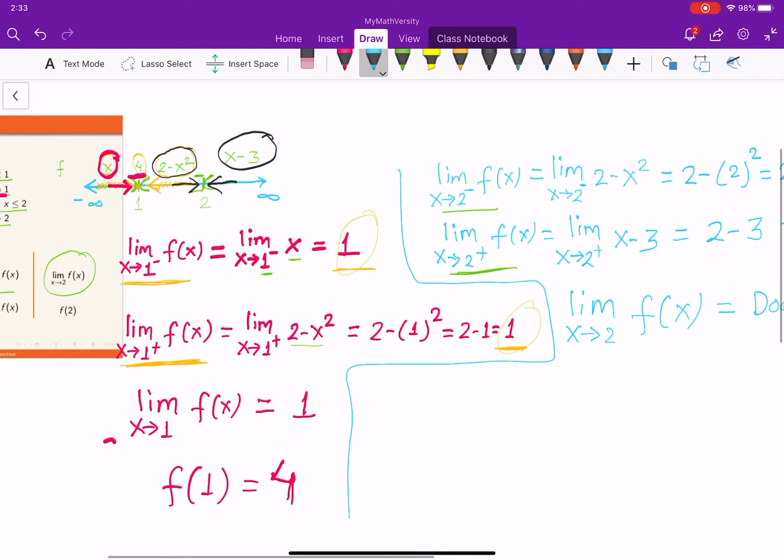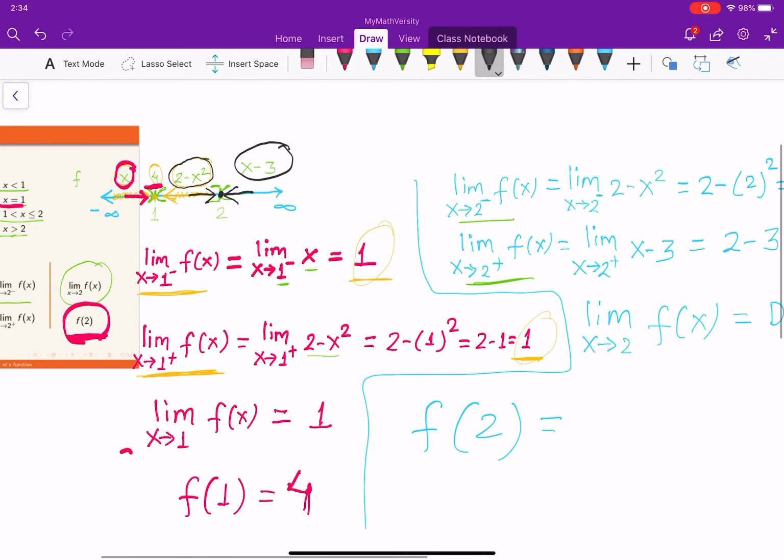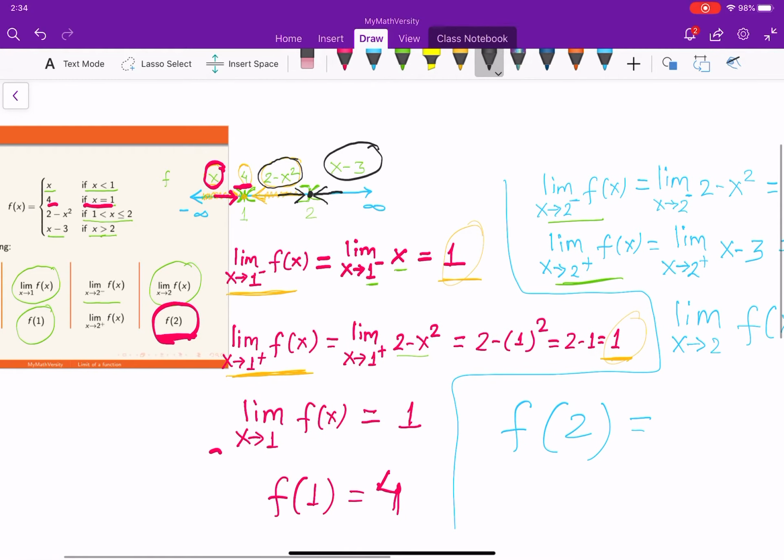Nice. So the final thing that we need to do is find the value of the function at 2, right? f of 2, that's what we need to find. So how do you find f of 2? We need to see exactly at 2 how the function is defined. You can see here, like here at 1 we knew exactly how the function is defined, but we don't have that type of direct information.